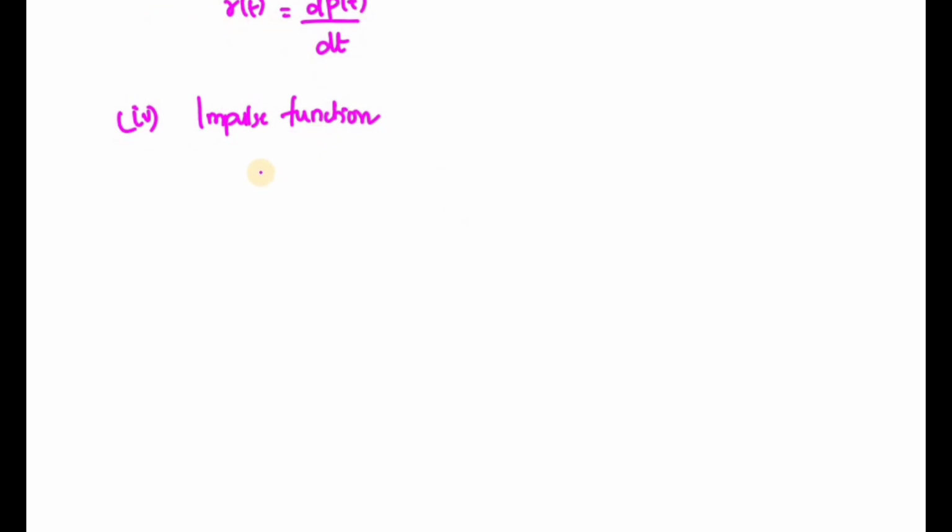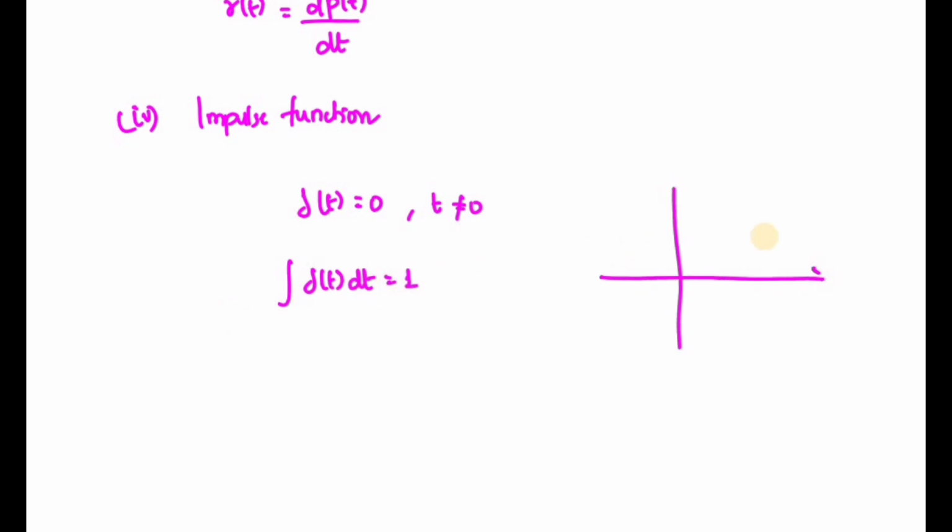I can represent it as del of t is equal to 0 for t not equal to 0, and the integral of del of t dt is equal to 1 for t equal to 0.